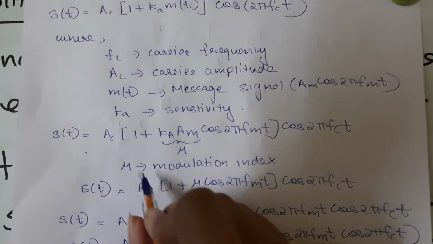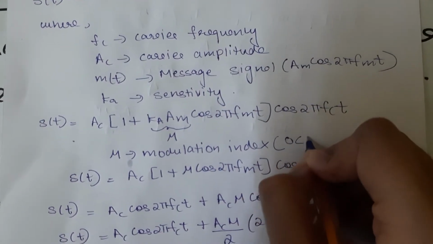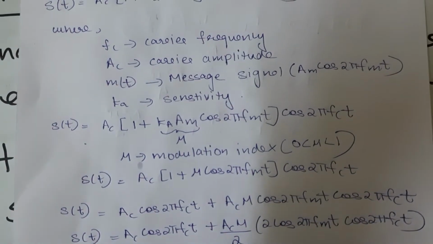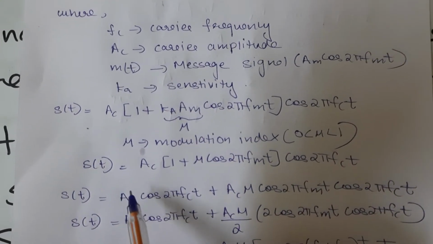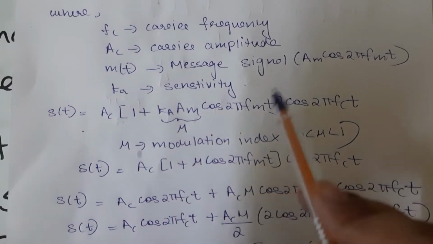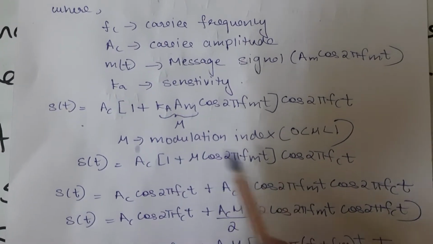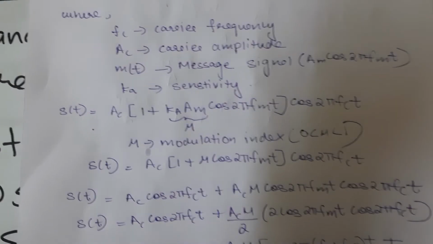Modulation index stands for mu and its value is always between 0 and 1. Now I will rewrite the signal as s of t equal to Ac into 1 plus mu cos 2 pi fm t the whole into cos 2 pi fc t. I hope this much is clear.